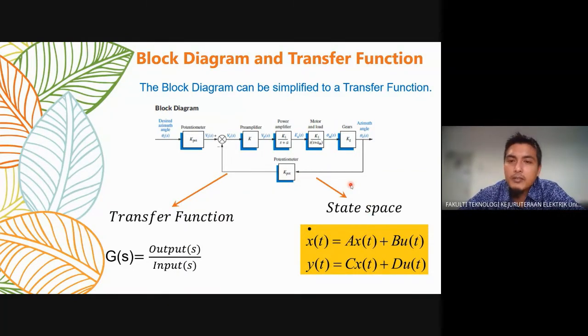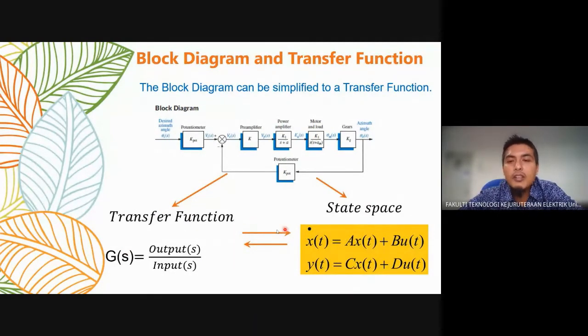However, there is a connection between transfer function and state space. It means that you can convert from transfer function to state space, and also you can convert from state space to transfer function. If you have a new one, don't forget the old one. So we can connect them together.